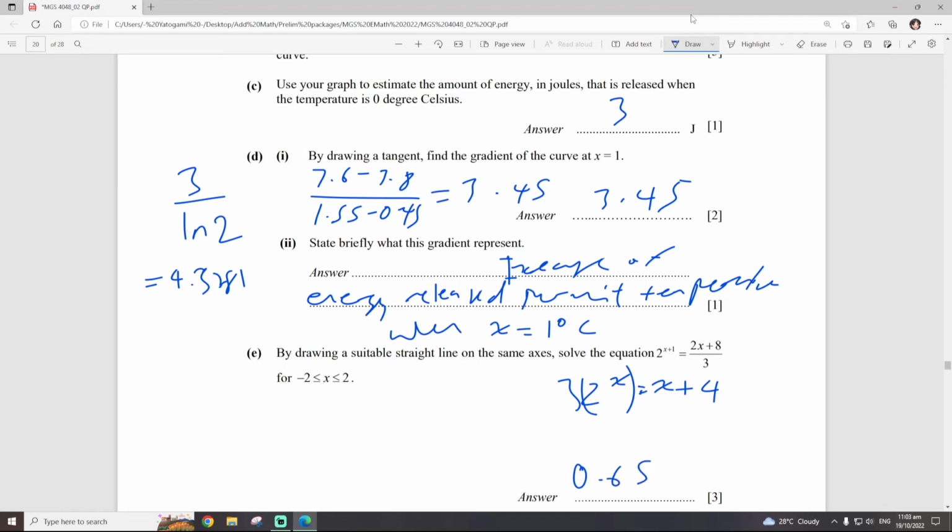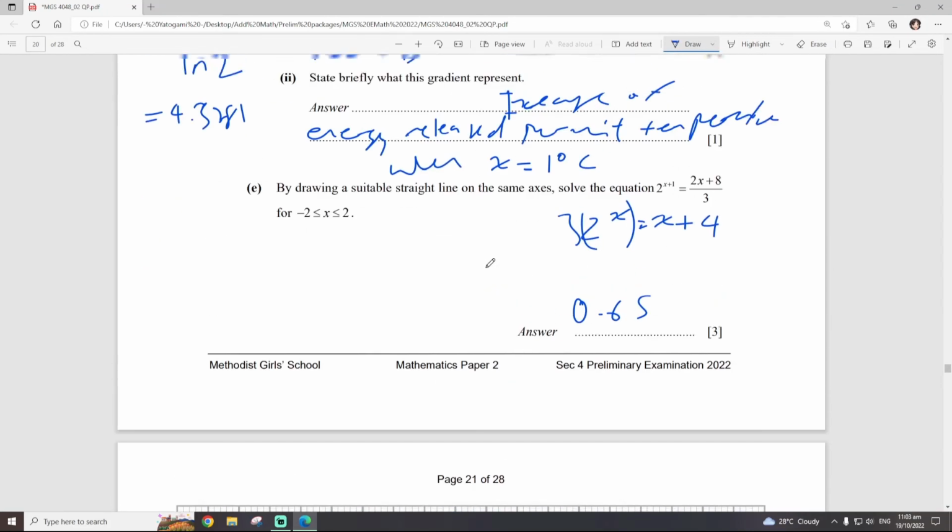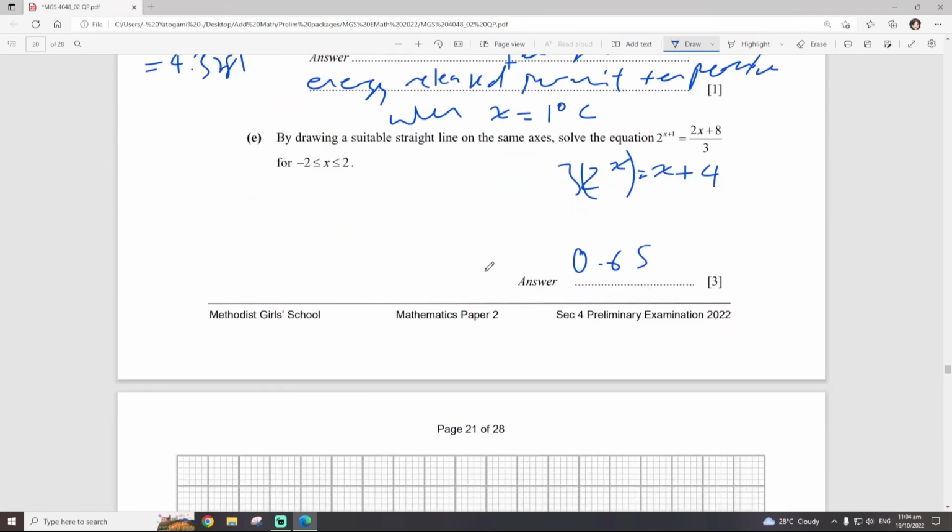You can verify for yourself that it is approximately a solution. 0.625 seems to be actually closer. So if you manage to get half the smallest division and slightly to the left of what I did, that would be good. But never mind. I think 0.65 will also take it.